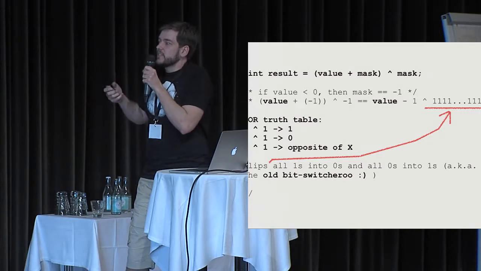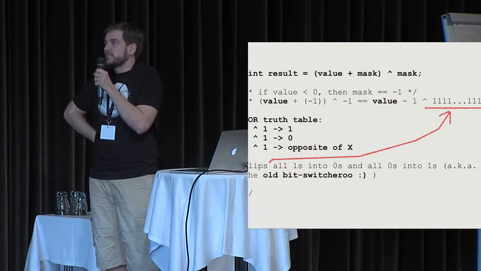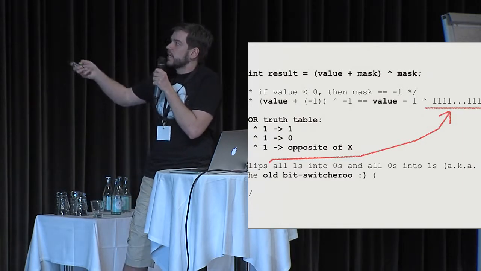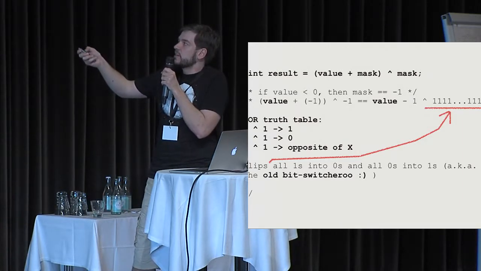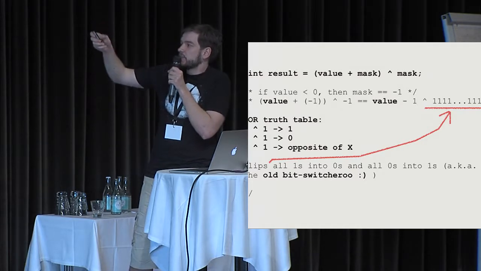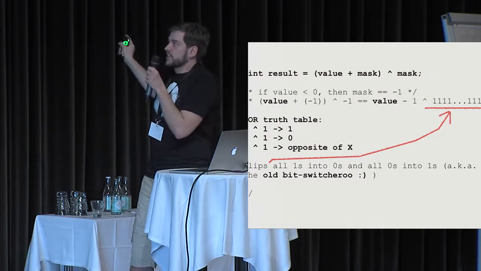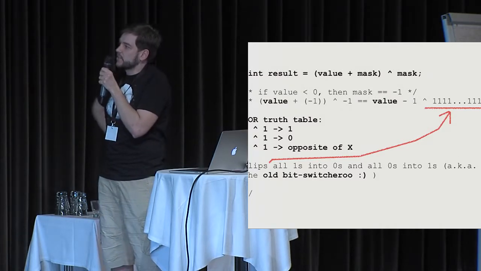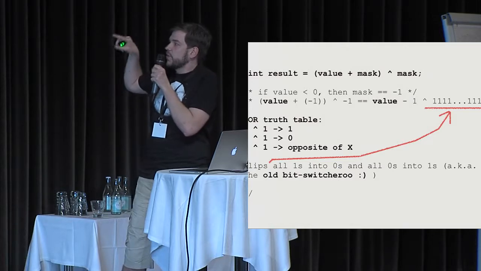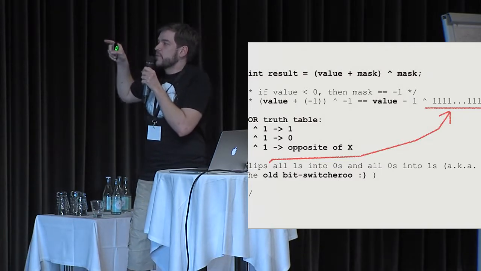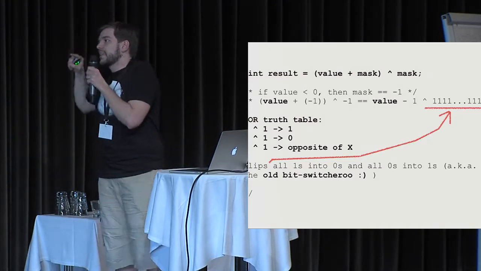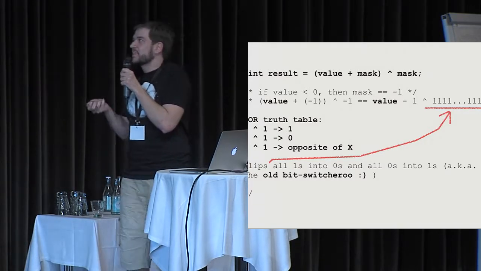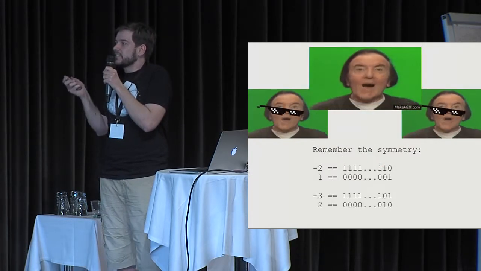And for a negative value, XORing with all ones, or -1, as we saw earlier, is actually represented as ones only, will flip all the ones to zeros and all zeros to ones, or also known as the odd bit switcheroo.